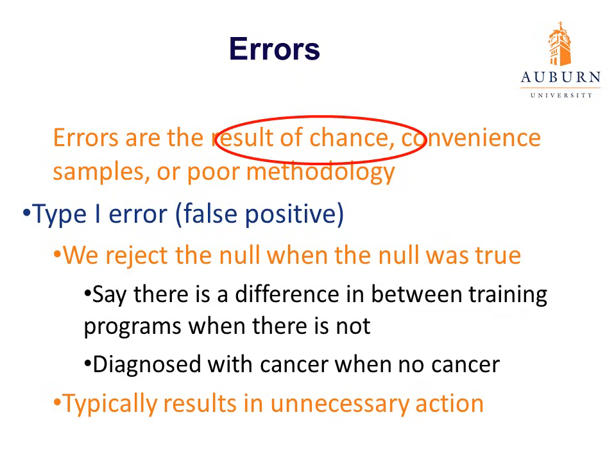There are two types of errors that we'll talk about in this class. The first one is what we call a type 1 error. This is a false positive. This is where we reject the null hypothesis in our study when the null hypothesis was actually true in the population. We might say there's a difference between our new and old training programs, but in reality there is not.